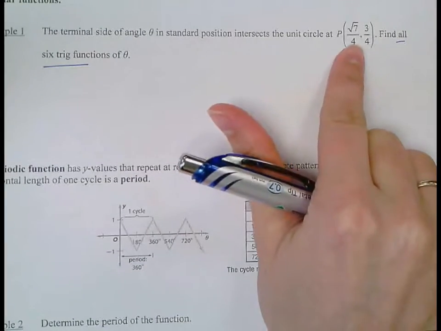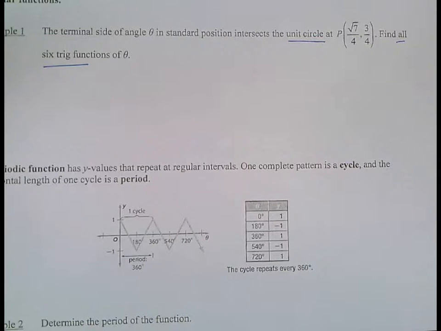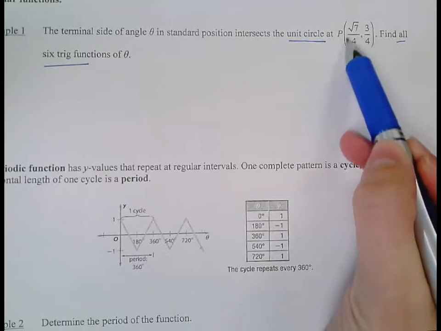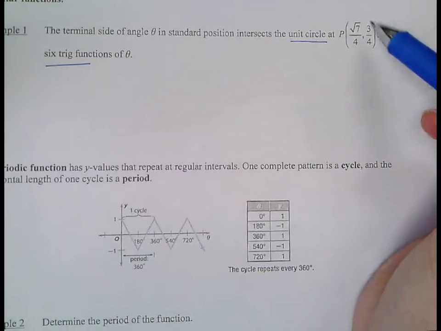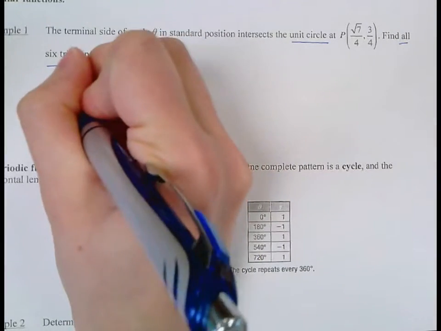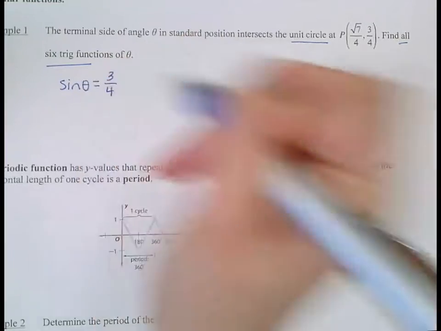So when you are given a point and you are told that that point is on the terminal side of the angle theta and it's intersecting the unit circle, you know the x-coordinate is the value of cosine of theta, the y-coordinate is the value of sine of theta. So I can say sine of theta is equal to the y-coordinate, which is 3/4.